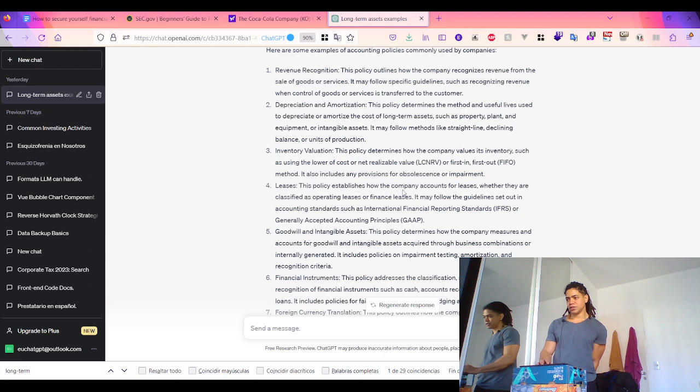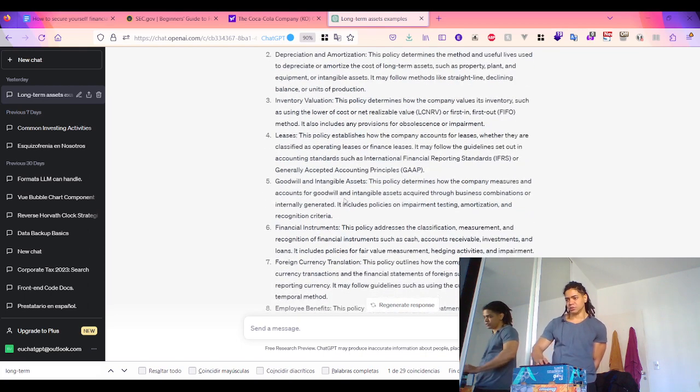This policy establishes how the company accounts for leases, whether they are classified as operating leases or finance leases. It may follow the guidelines set up in accounting standards such as International Financial Reporting Standards or generally accepted accounting principles.